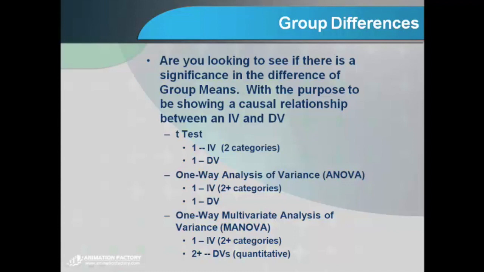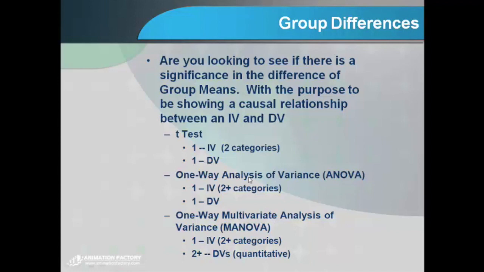Another question is, are you looking to see if there's a significance in the difference of group means, with the purpose of showing a causal relationship? Now, up until this time, we've used the t-test, where we had an independent variable with two categories and a dependent variable, and then we had the one-way analysis of variance, where we had the independent variable and the dependent variable. The one-way multivariate analysis of variance is what's going to be new.